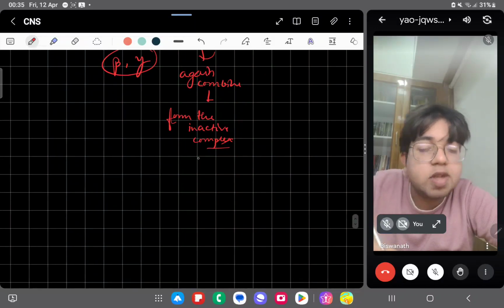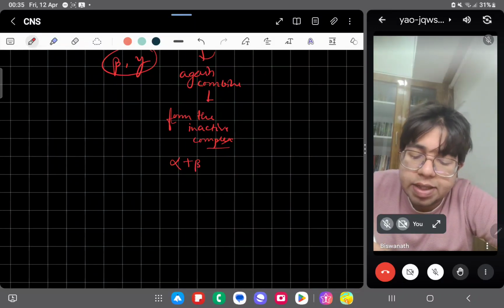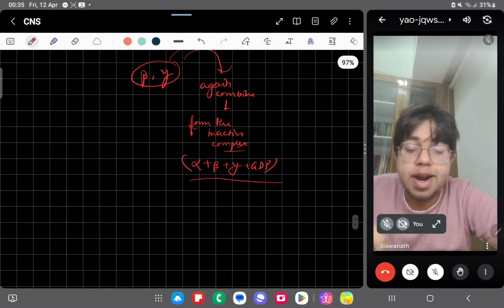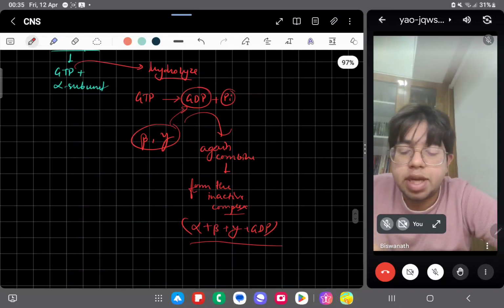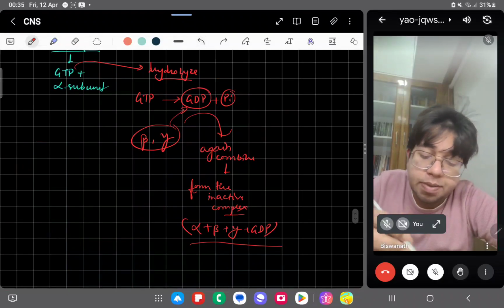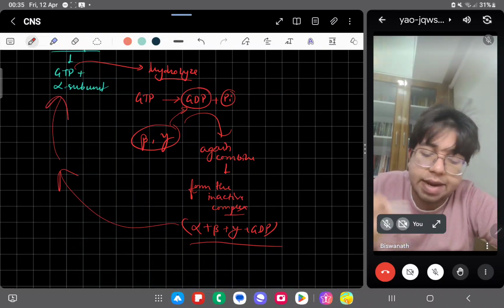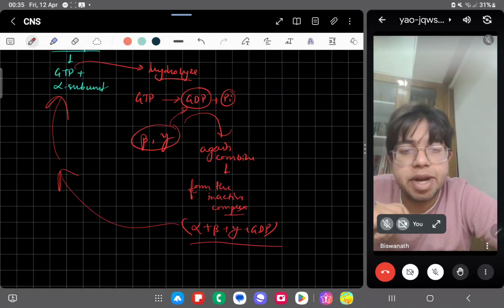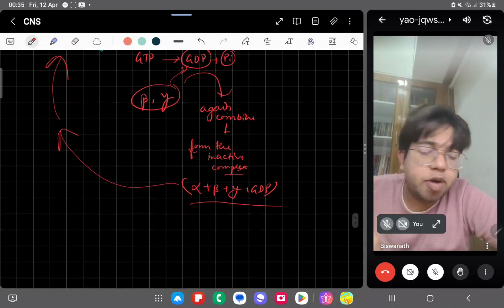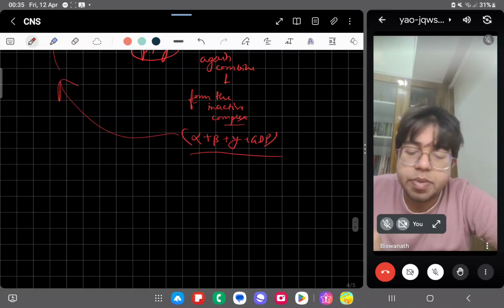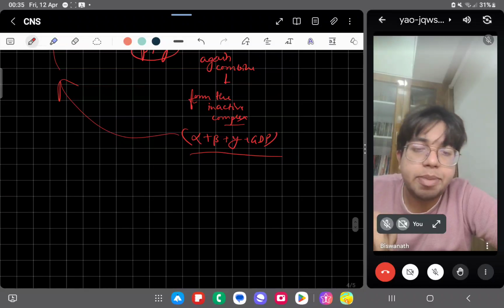And this inactive complex, what did it have? It had an alpha subunit, beta subunit, gamma subunit, and GDP. Right? So this is the inactivation. Then again, if an impulse comes and the neurotransmitter binds, then again it is activated. Again, this whole cycle repeats. Right? So this is in short about your G protein coupled receptors and second messenger system.